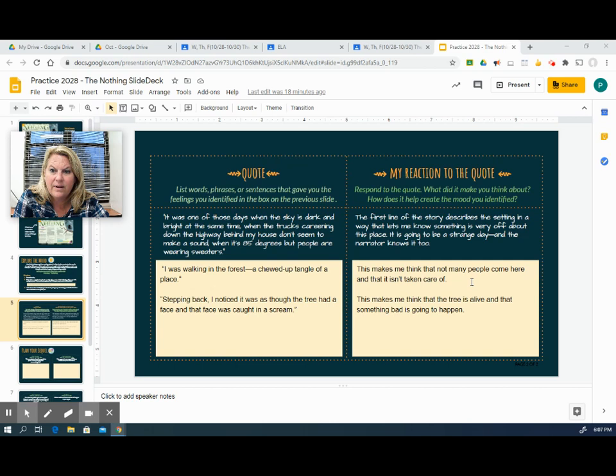Another quote that I found from the story that helped me identify some of those words or moods was this one right here. "Stepping back, I noticed it was as though the tree had a face, and that face was caught in a scream." This makes me think that the tree is alive and that something bad is going to happen, because normally when I scream, it's not for a good reason.